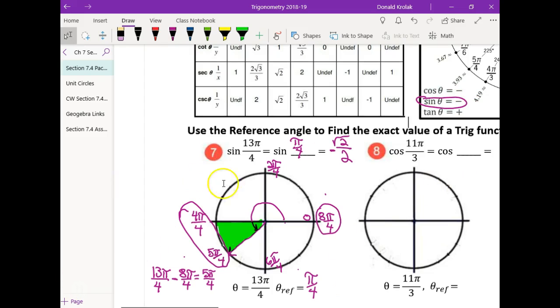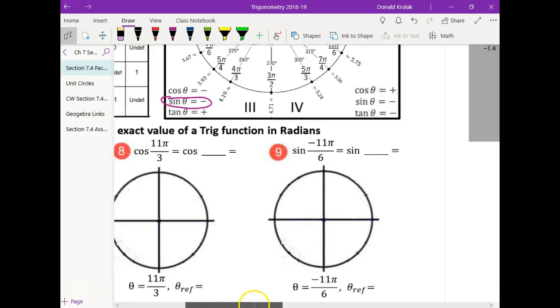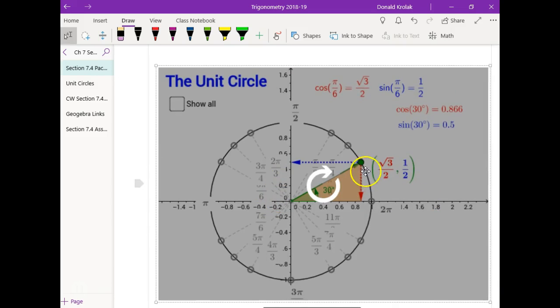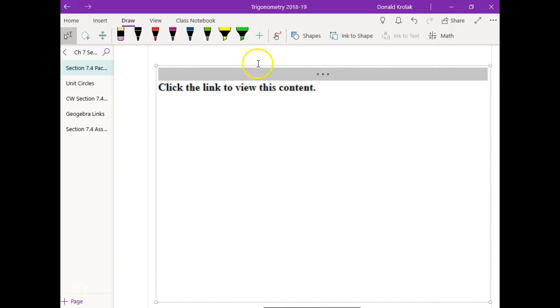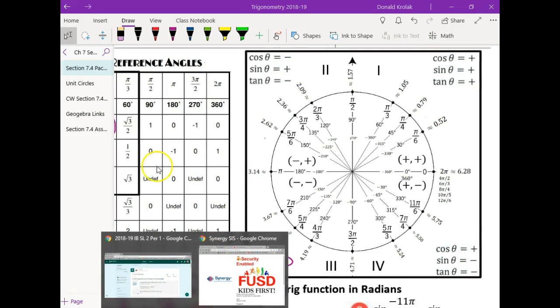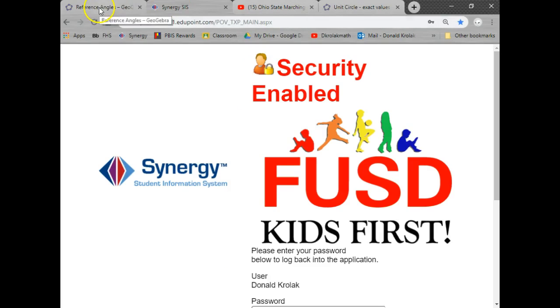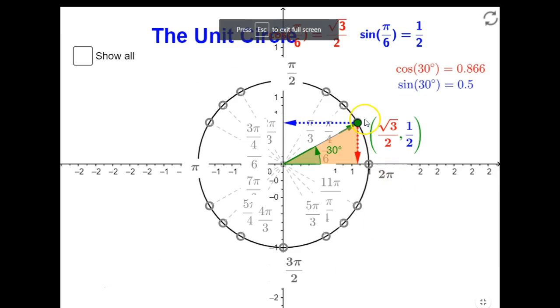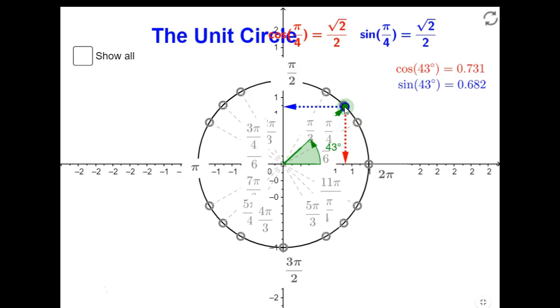Now guys, we did it algebraically, finding where the reference angle is. If you have your unit circle, you can simply just count and get your value. Let me show you. Okay, so we were dealing with 13 pi over 4. If we're counting here, that's pi over 4.